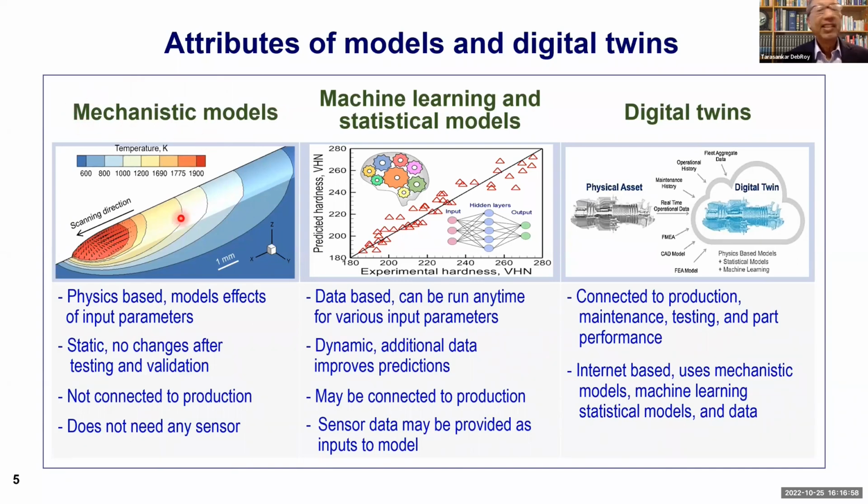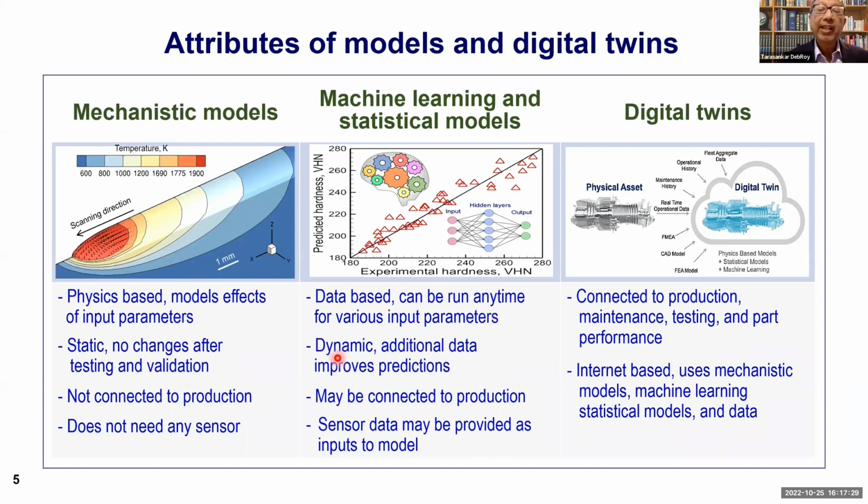Sometimes the physics is very complicated, particularly in a relatively new technology like the additive manufacturing. So there we have data, and we can use the data in machine learning as well as in statistical models. So these are data-based models that can be run anywhere for various input parameters. These can be dynamic.